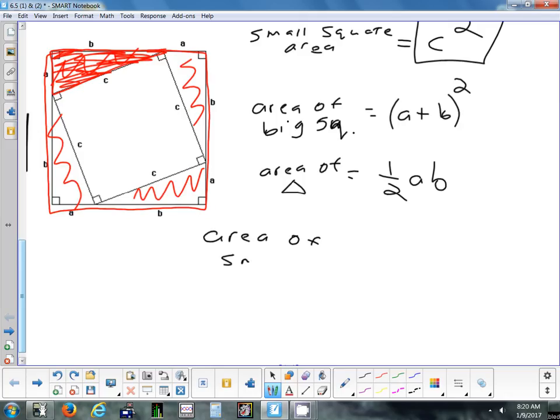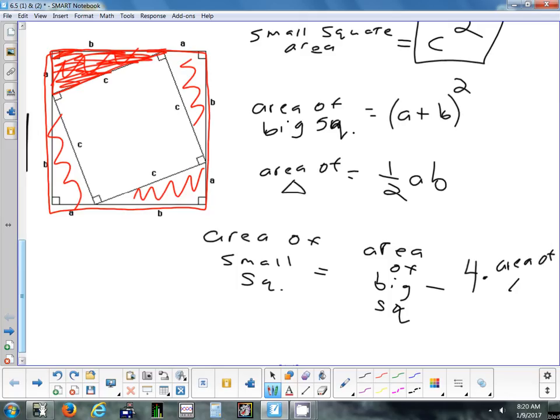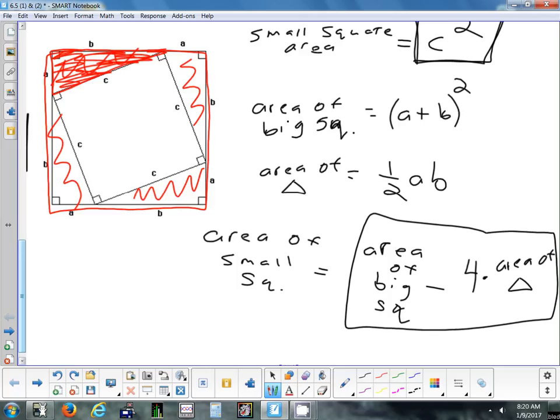Area of small square is going to be the area of the big square minus, and what am I going to subtract from that? I'm going to subtract 4 times the area of the triangle. When I'm done, whatever I get here is equal to what I got right there, because they're both the area of the small square, just different ways of finding it.